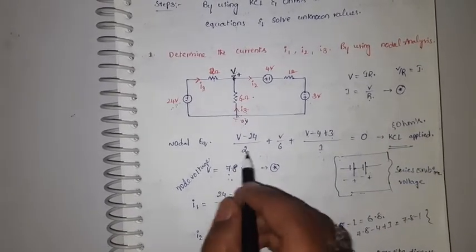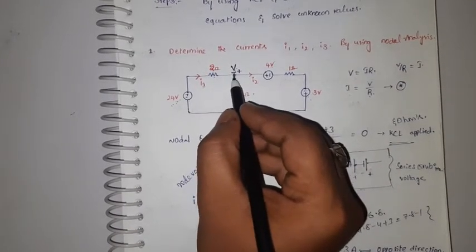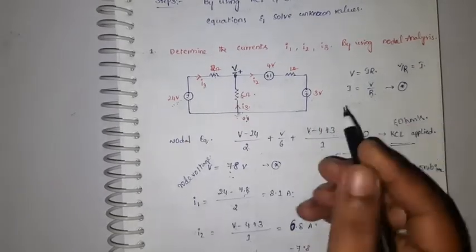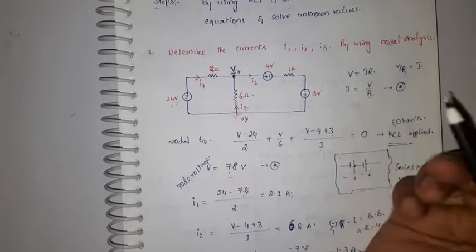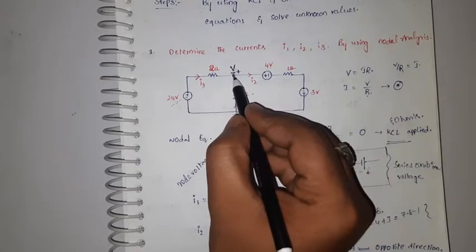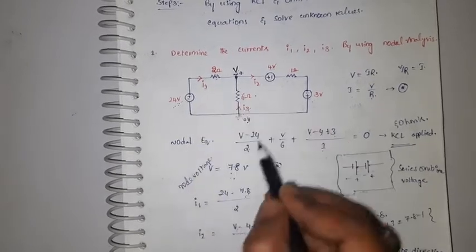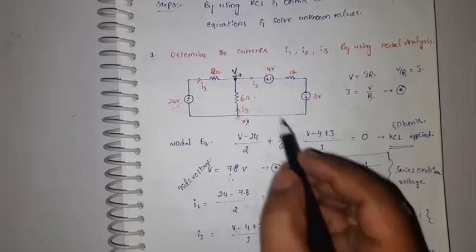So what is the nodal equation? Let us see. We need to write KCL at this particular node by using the I equal to V by R formula. So let us start. (V minus 24) by 2 ohm is current I1.